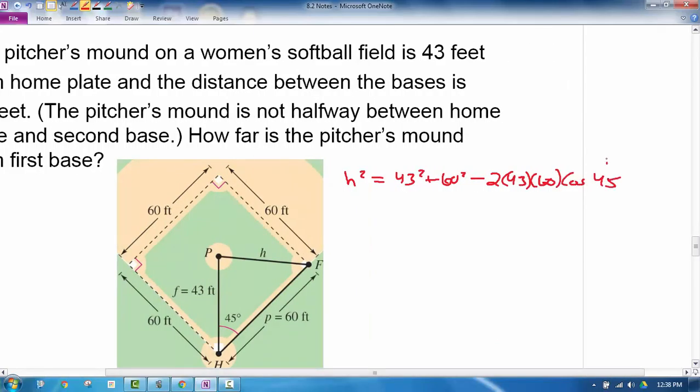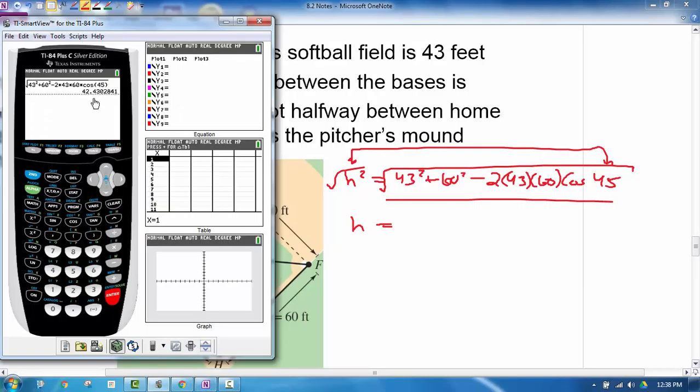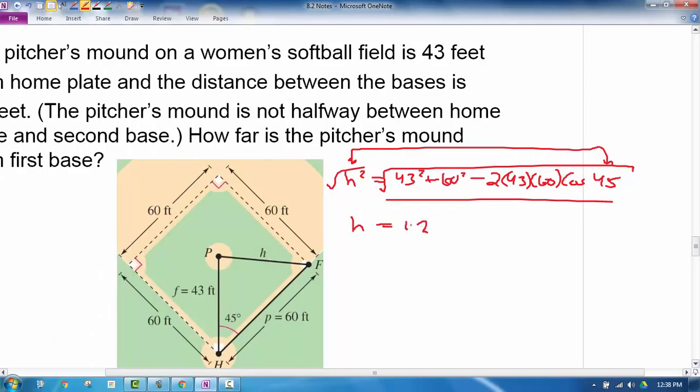Make sure that angle's across from the side you're looking for, which it is. This is really easy to solve because I can just take the square root of both sides and enter this right into the calculator. You can enter it right in and find 42.43. That's the distance from the pitching mound to first base.